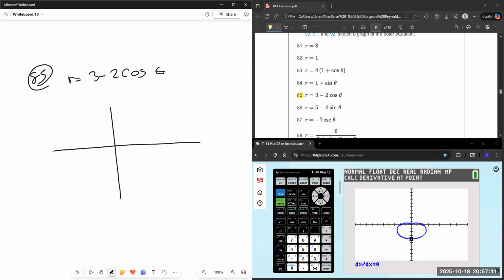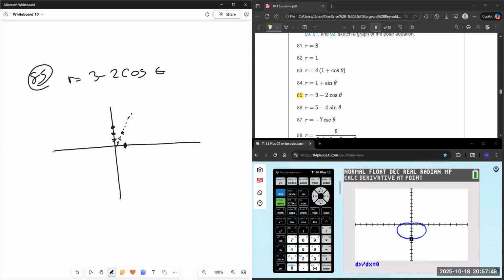Cosine of 0 is 1, so 3 minus 2 times 1 is 1. At pi over 3, cosine is 1/2, so that's 3 minus 1, which is 2. So along this line right here, I'm going out 1, 2, and then at pi over 2, cosine is 0, so that's 1, 2, 3.